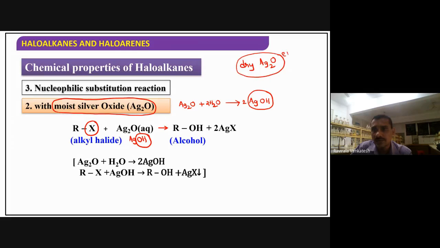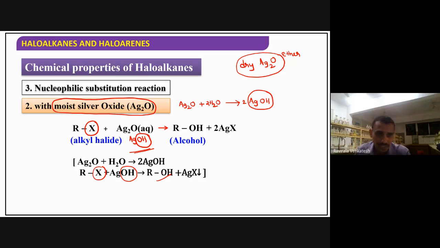Here we take only moist silver oxide. When moist silver oxide is given, we need to take silver hydroxide, in which OH replaces X to give alcohols.